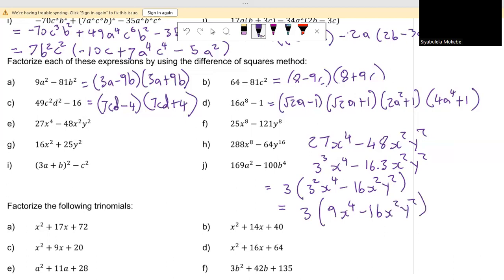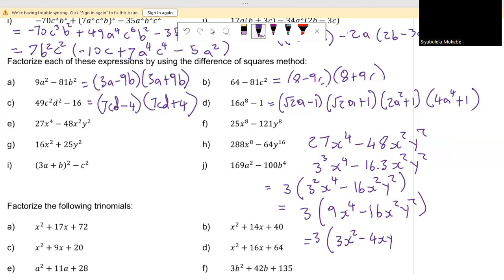Sharp. So now notice that 9 is a square, x to the 4 is a square, 16 is a square. So we can now use the difference of squares method. The square root of 9 is 3, the square root of x to the 4 is x squared.